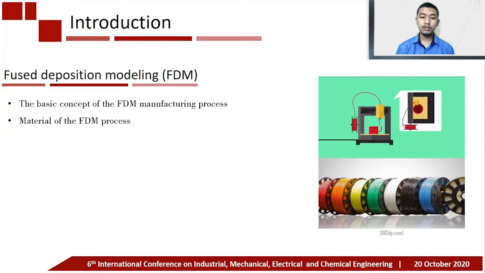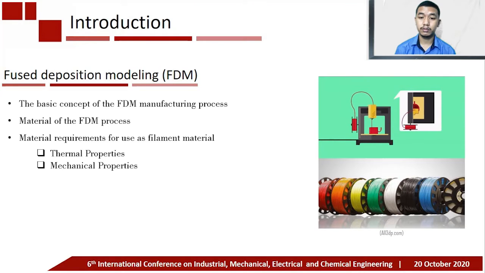Then the nozzle precisely extrudes and deposits material in ultra-thin layers, layer after layer, to produce a layer-by-layer structure. The complex requirements of FDM have made the material development for the filament a challenging task.